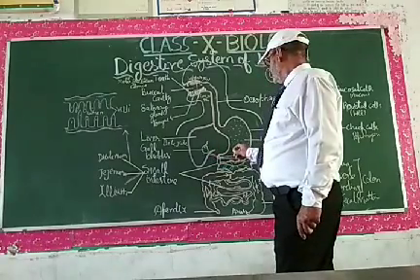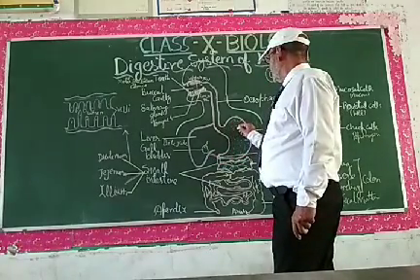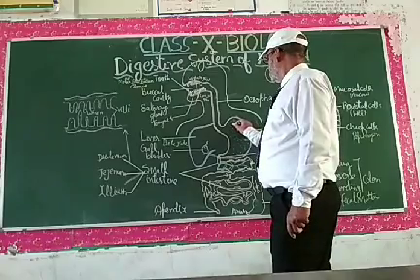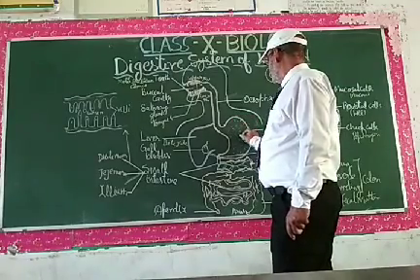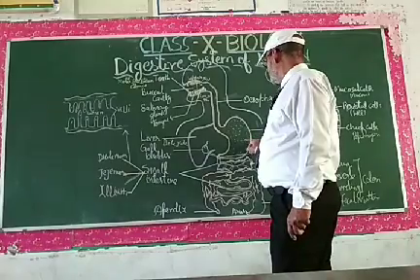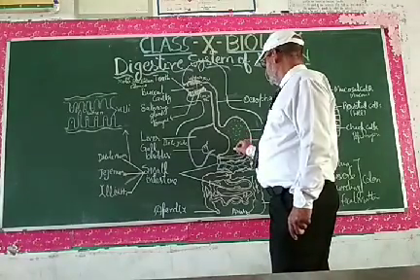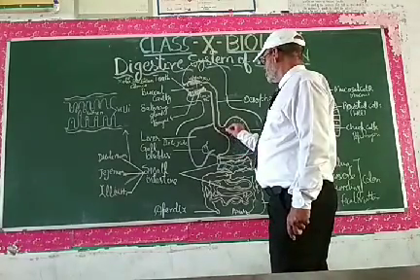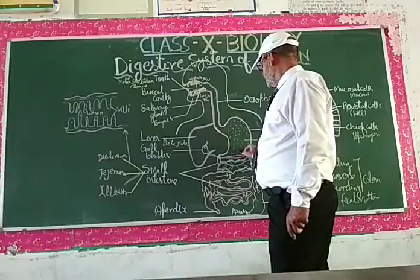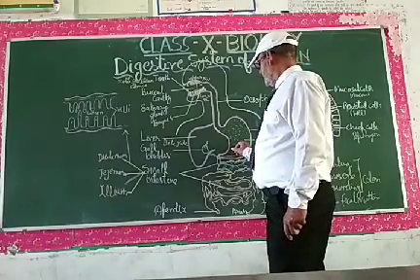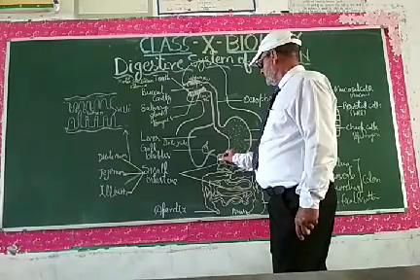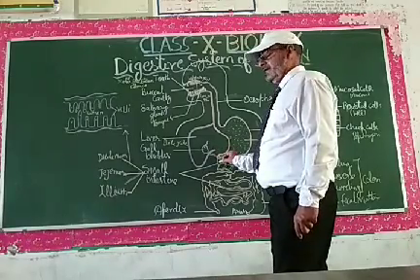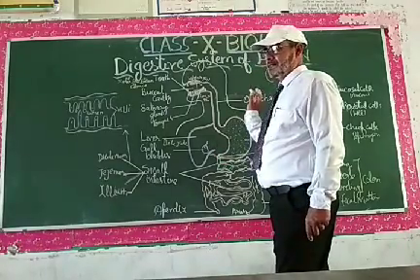In the stomach, hydrochloric acid kills the bacteria coming with the food, and also helps in mixing and preservation of the food for 3 to 4 hours. This medium is acidic, and when it enters the small intestine, by mixing with the bile, it becomes a basic medium.